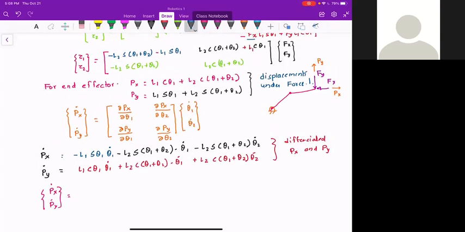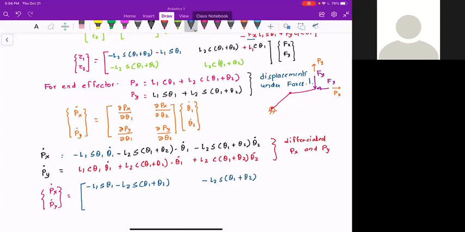So now I'm going to write this equation down like this. This is going to be minus L1 sine theta 1 minus L2 sine theta 1 plus theta 2, minus L2 sine theta 1 plus theta 2.